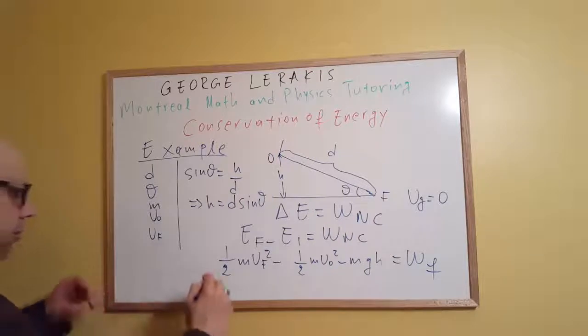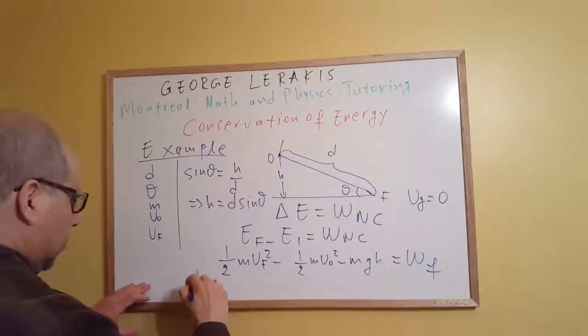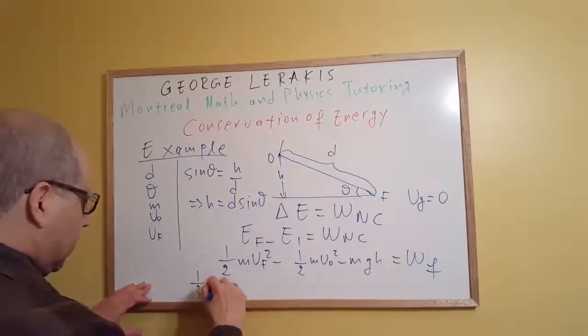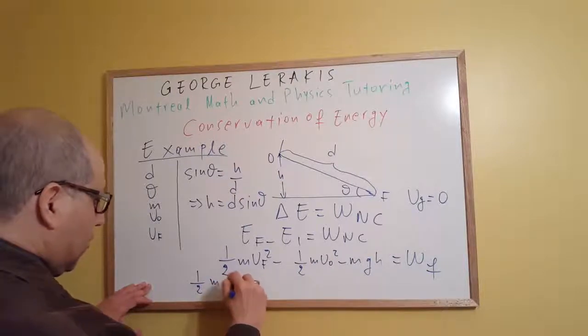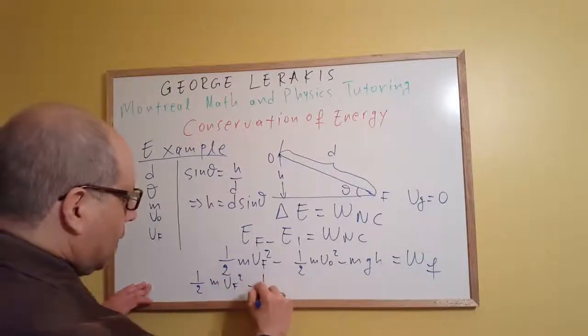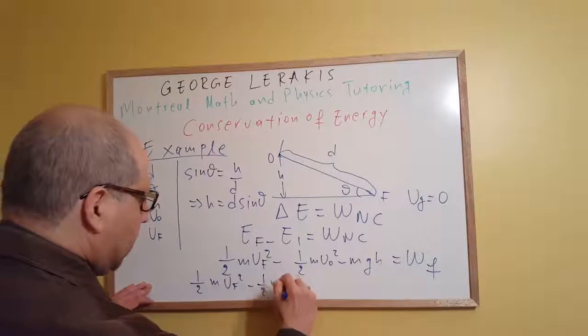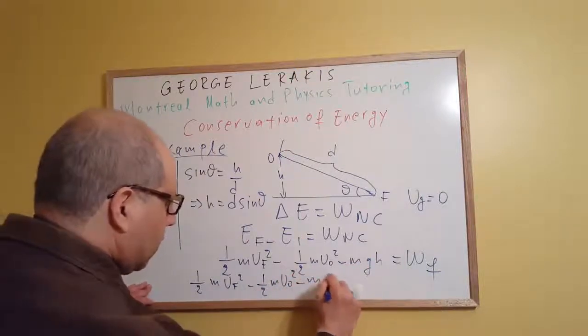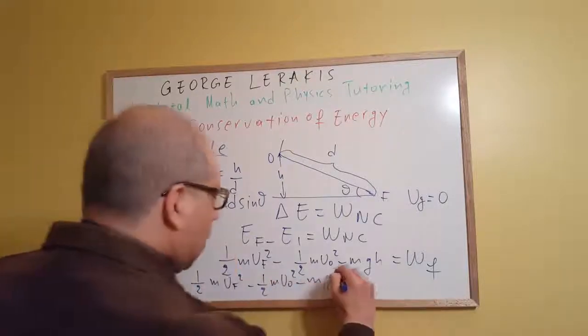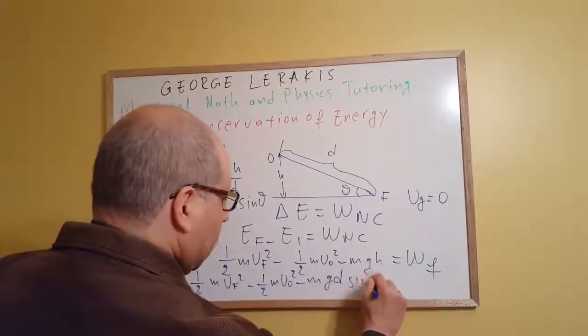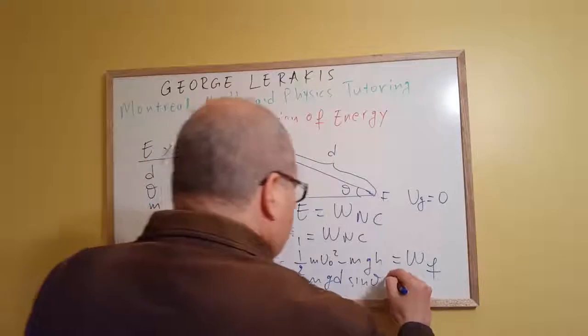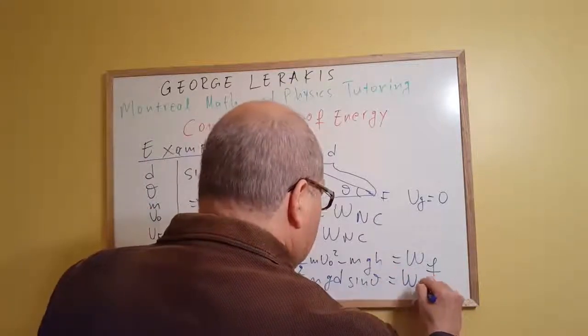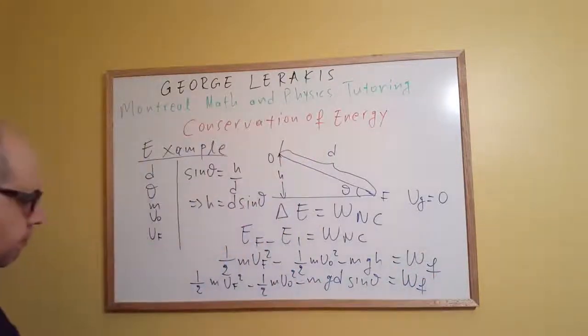And if we can write this again, we have 1/2 m vf squared minus 1/2 m v0 squared minus m g, and we said that h is equal to d sine theta. So that's the work of friction that we're trying to find.